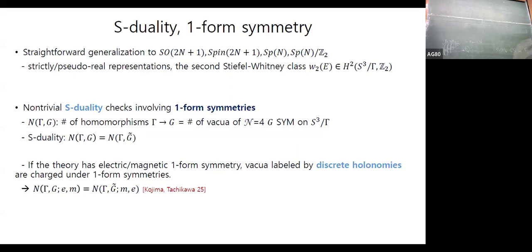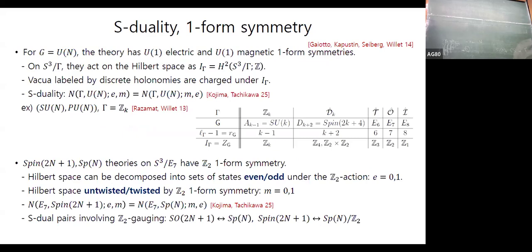So if this vacuum is charged under electric and magnetic one-form symmetries, then under S-duality, you change the gauge group to the S-dual group, and also you exchange the electric and magnetic symmetry. For the unitary group case, the theory has U(1) electric and U(1) magnetic one-form symmetries. And on S3 mod gamma, they act on Z_K. And vacua labeled by discrete holonomies are charged under Z_K.